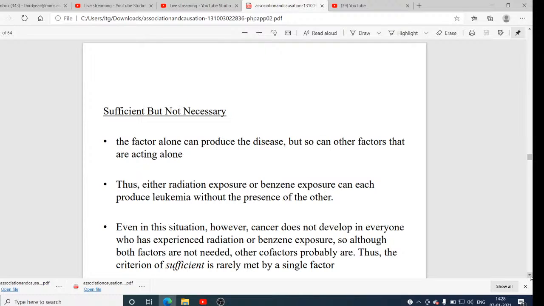Even in this situation, however, cancer does not develop in everyone who has experienced radiation or benzene exposure. So, although both factors are not needed, other cofactors probably are. Thus, the criterion of sufficient is rarely met by a single factor.